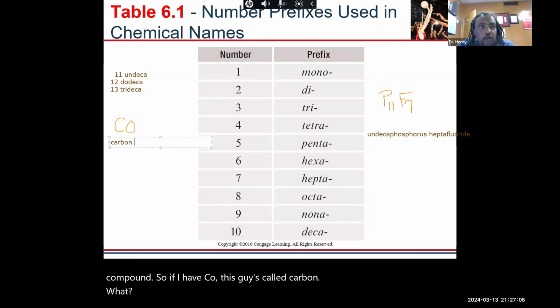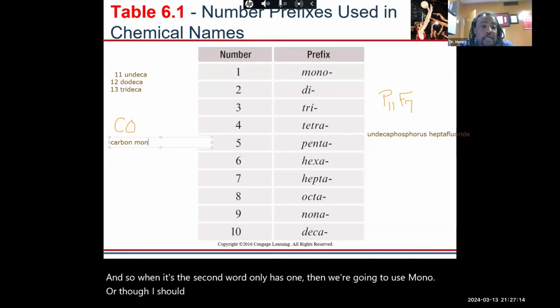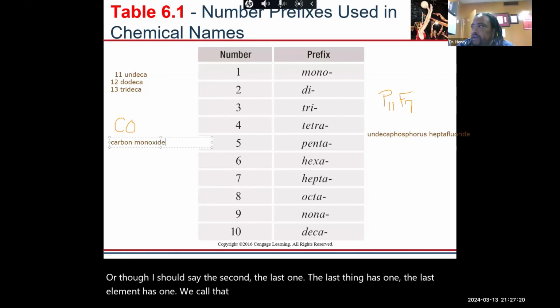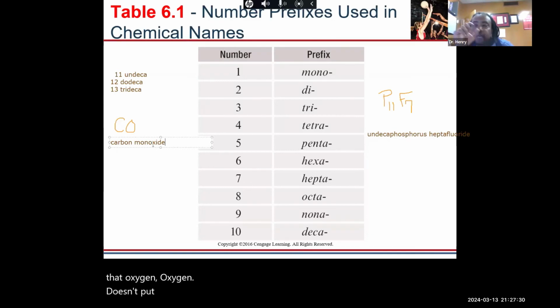When the last element has only one, we're going to use mono. We call that monoxide. Now, oxygen doesn't put monooxide, it puts monoxide.